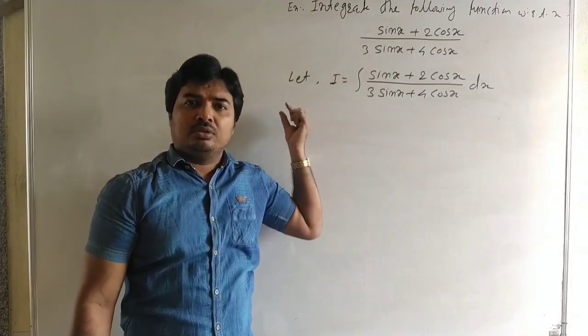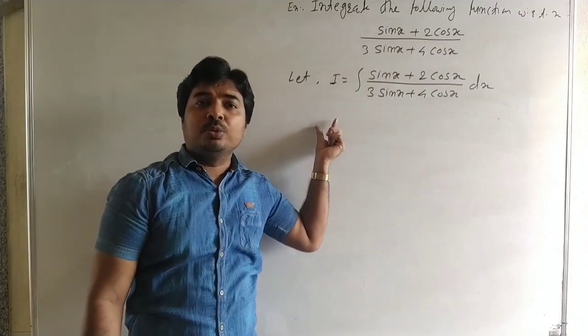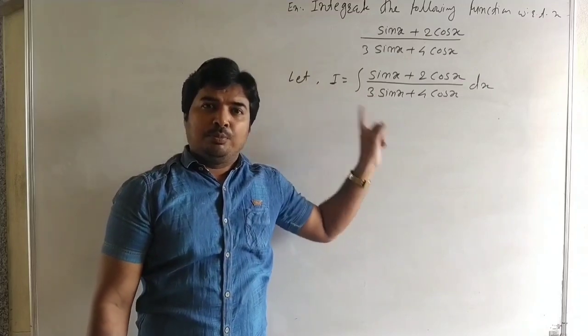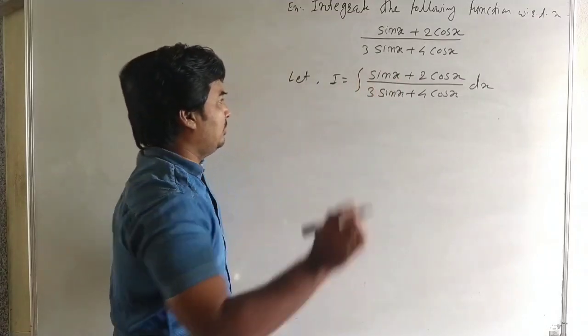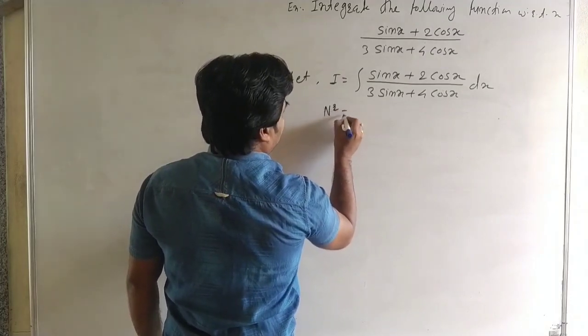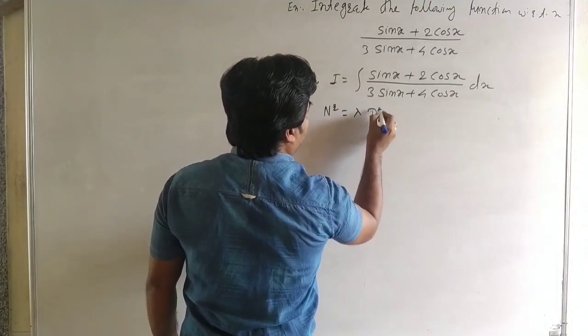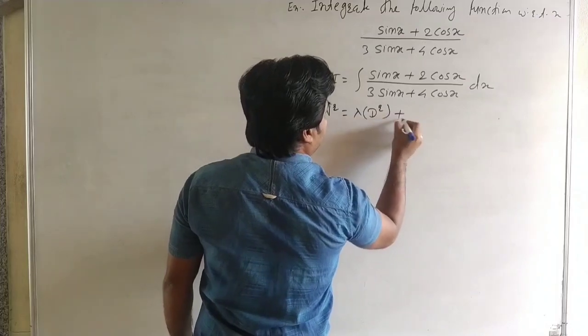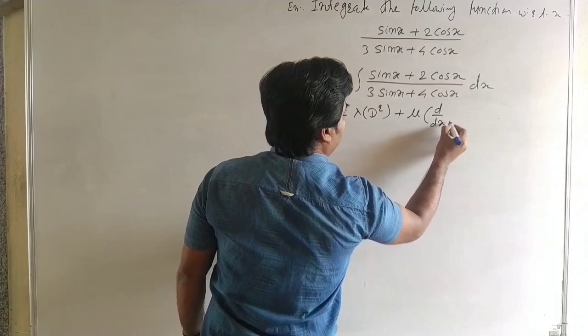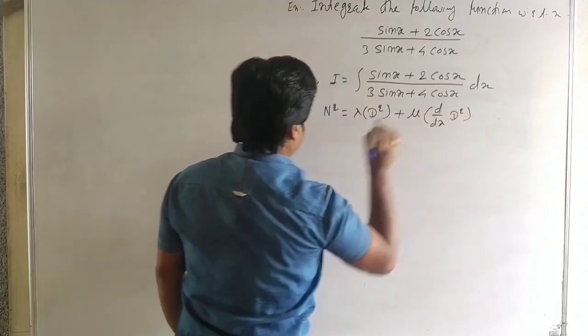By adjustment, the numerator is equal to lambda into denominator plus mu into derivative of denominator. See carefully.